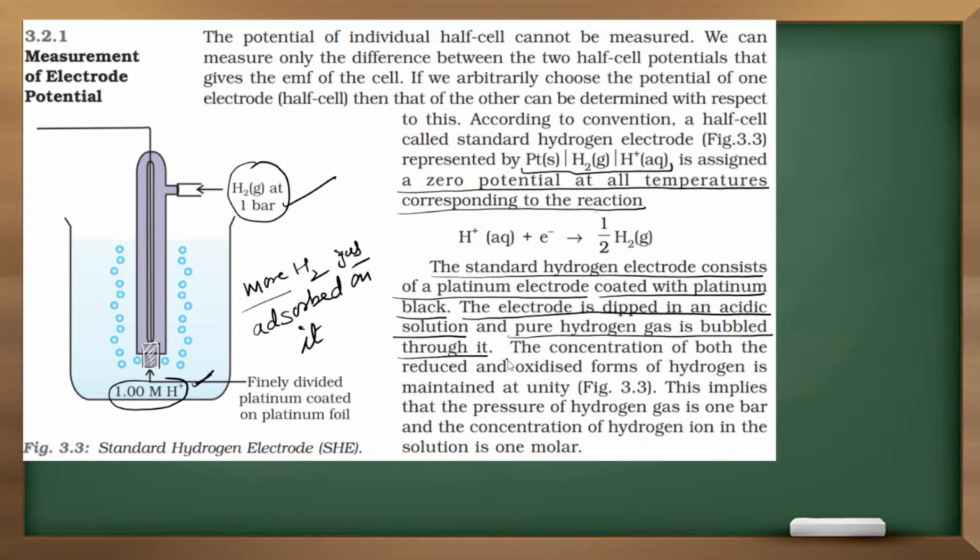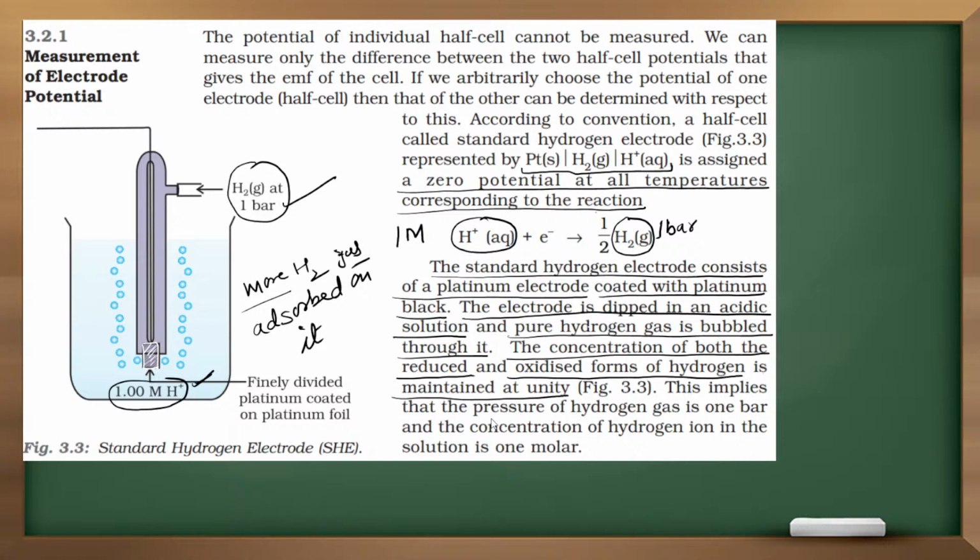So the concentration of both the reduced and oxidized forms of hydrogen is maintained at unity. At 1 molar, it is also unity. Hydrogen gas is also at unity, at 1 bar pressure.